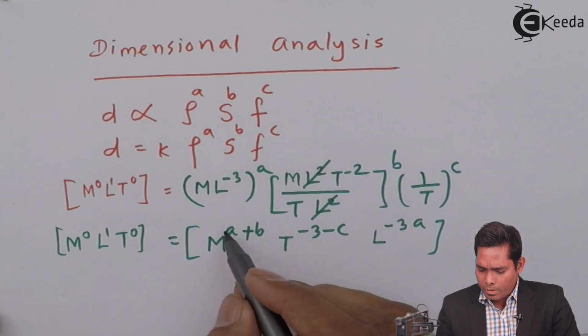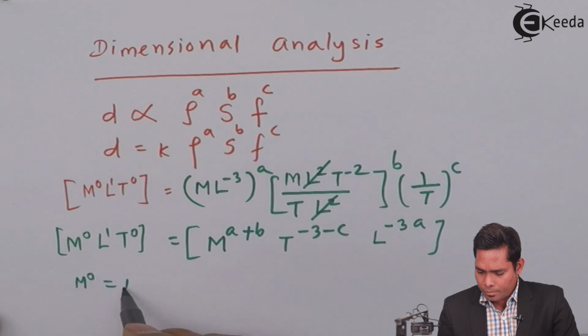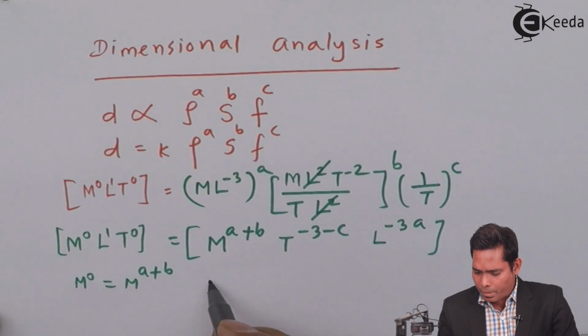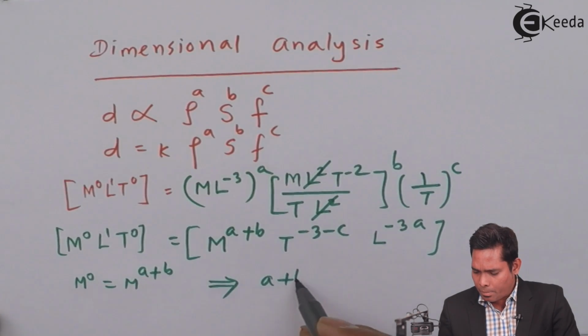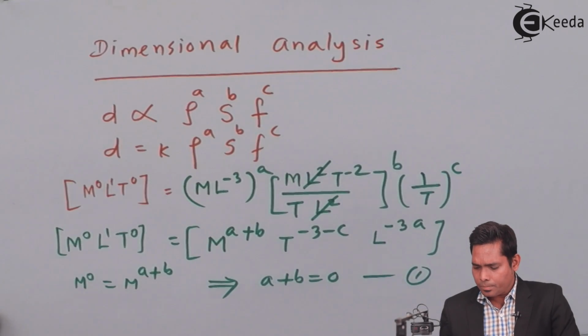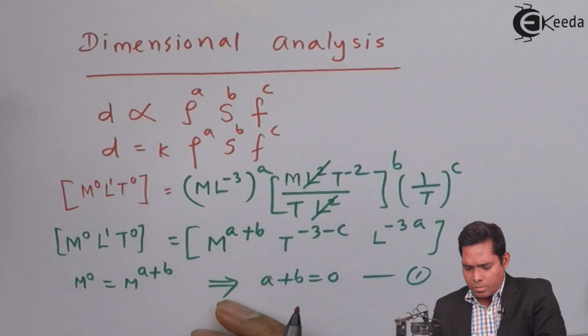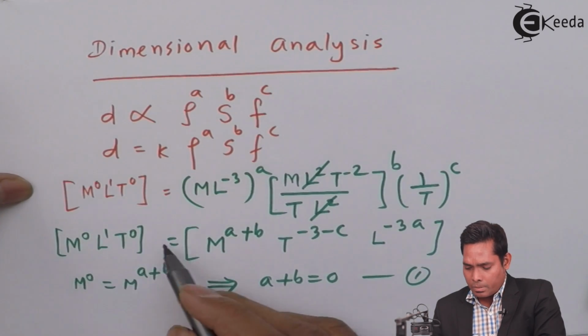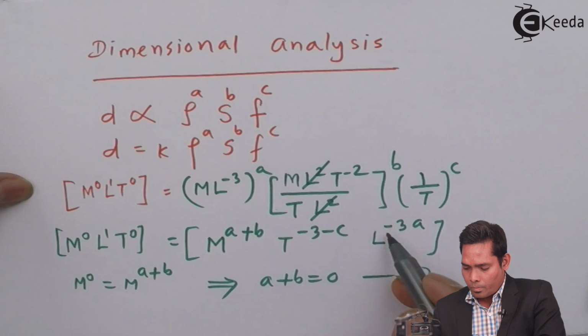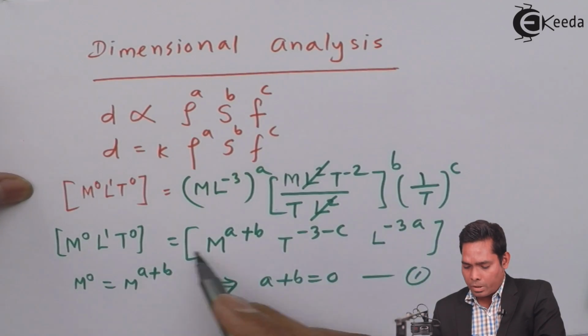A plus b has to be 0. This is equation number 1. Similarly, L raised to 1 must be equal to L raised to minus 3a, so the L powers have to be equal.